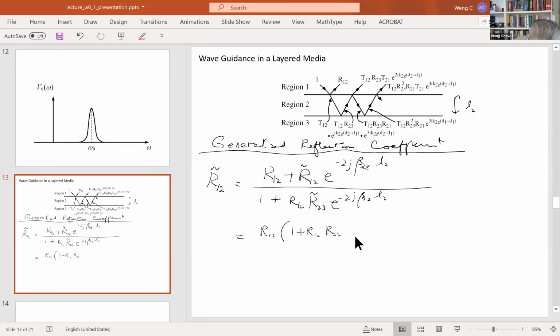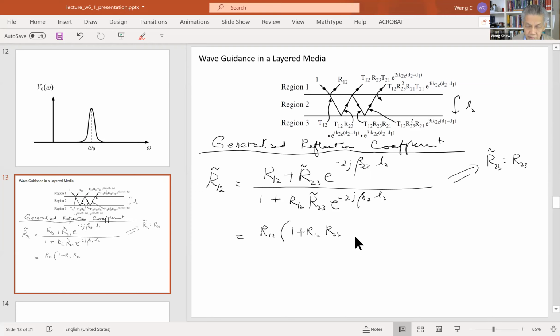Now let's assume that R23 is just R23, which means that they are just local reflection coefficients, okay? That means I don't have the fourth interface as in this diagram over here.